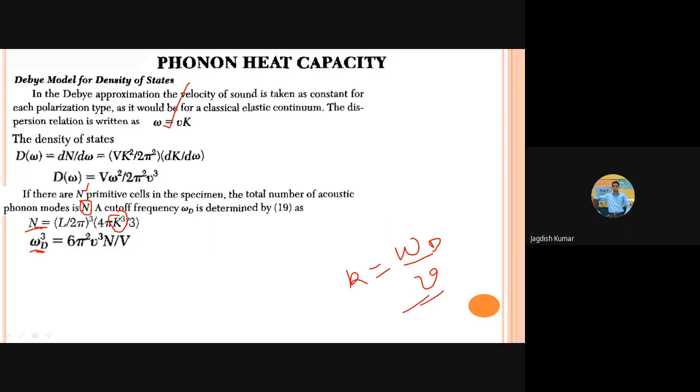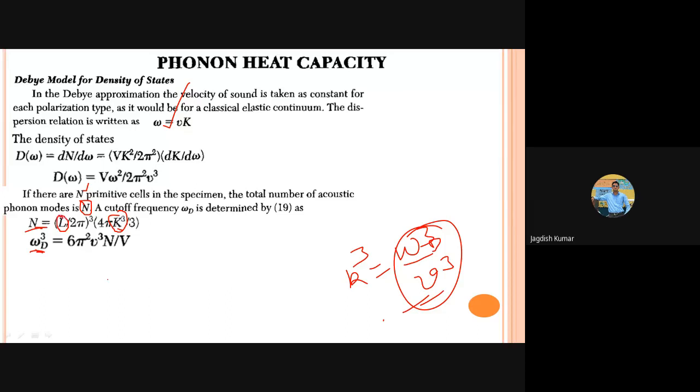Then omega d and omega d cube. So this is just omega d cube over v cube. The same thing, k cube is omega d cube over v cube. If you simplify, I leave it to you again, you will find that this n over v comes from this L cube.